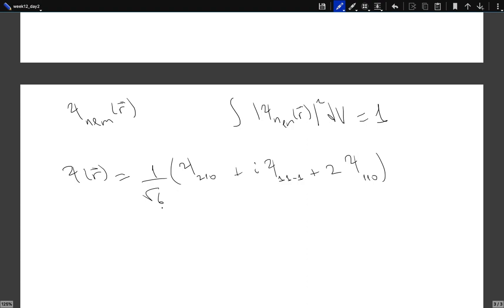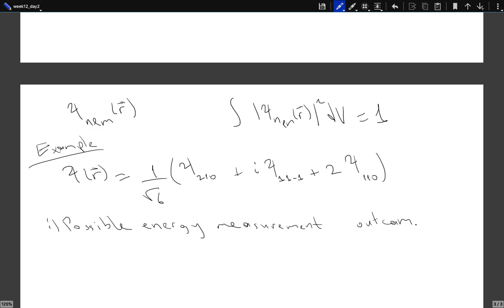Well, first of all, what are the possible energies? Possible energy outcomes. These psi_nlm are our building blocks, meaning that you can use them to write down the wave function.